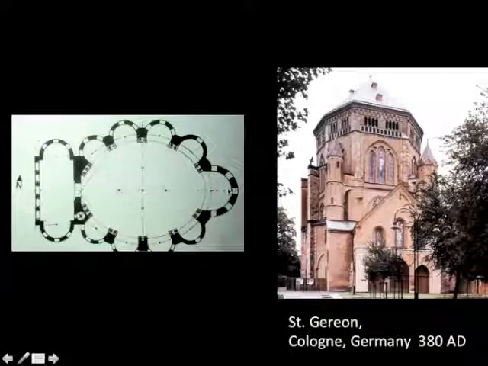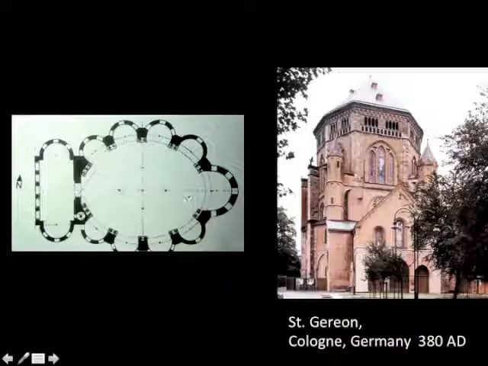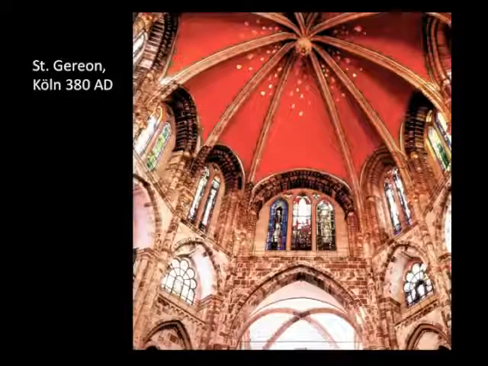The idea of center that we see so clearly expressed in Minerva Medica begins to slip in favor of a description of axis. So formally, there's a nice manipulation from one program to another. And possibly one reason that these programs are changing already in 380 is that the state religion had shifted.